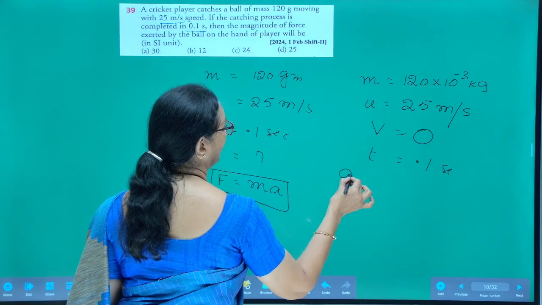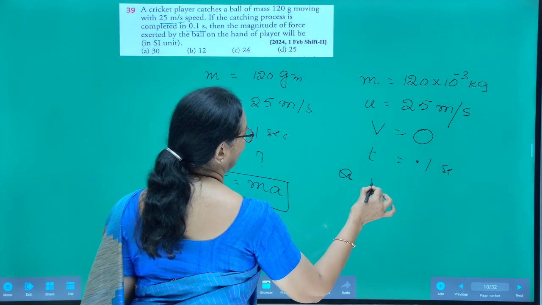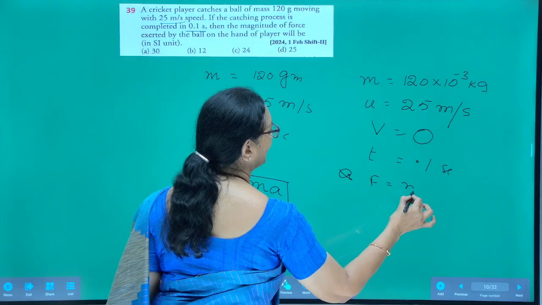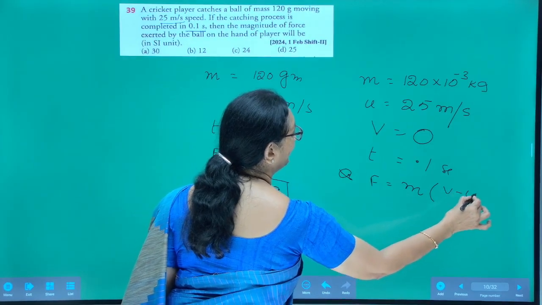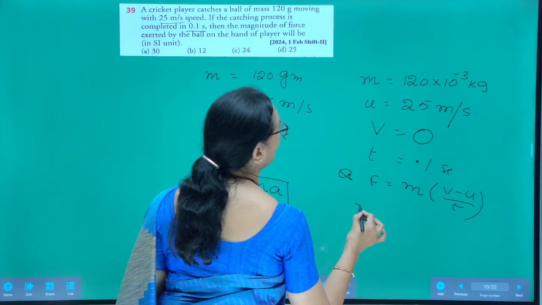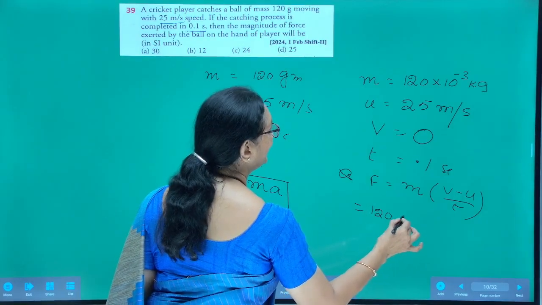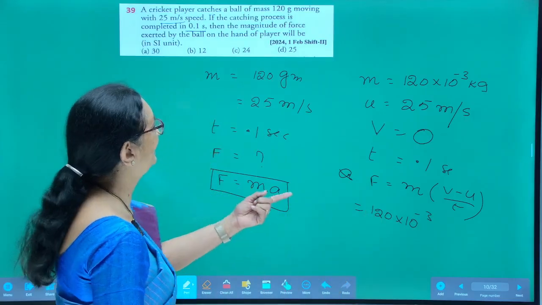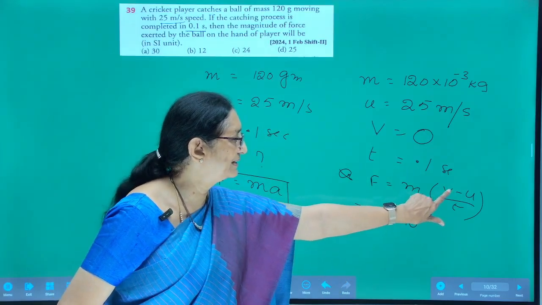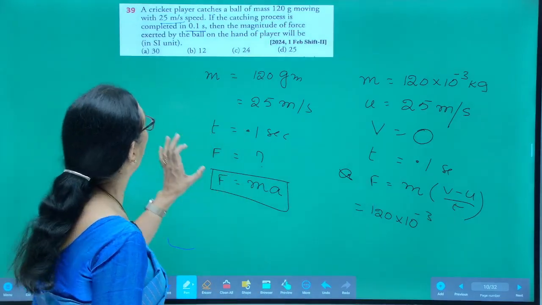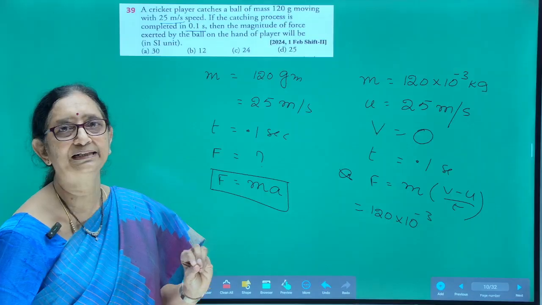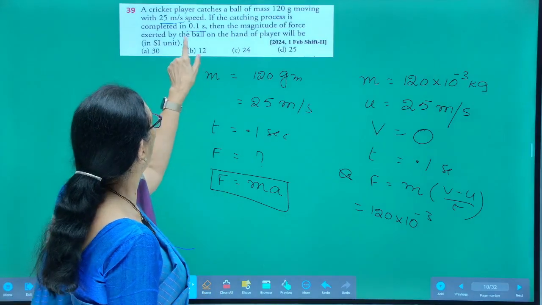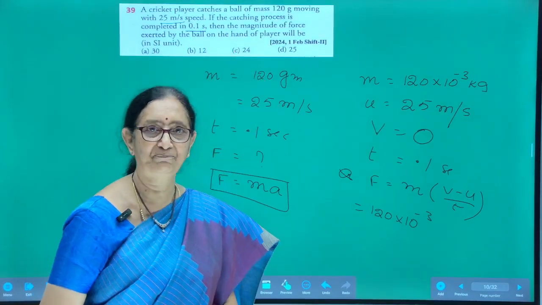So, directly we can write F is equal to m into (v minus u) by t. So, this is 120 into 10 power minus 3. Actually, you get a negative sign because v is 0 minus u, but we want just the force exerted by the ball on the hand of the player.